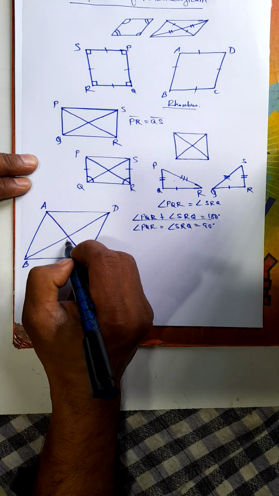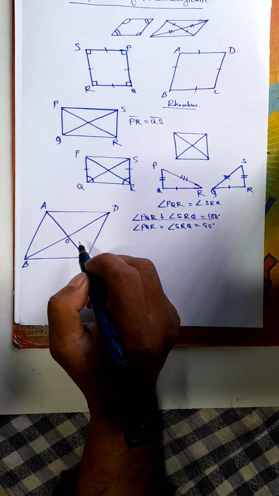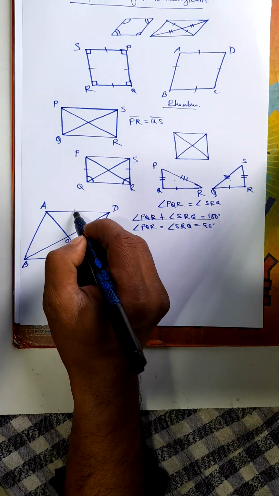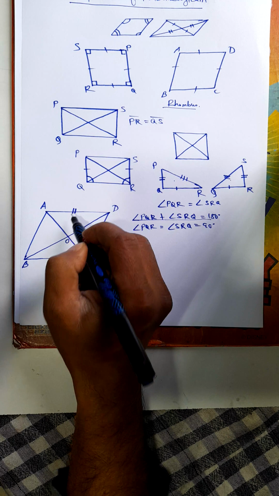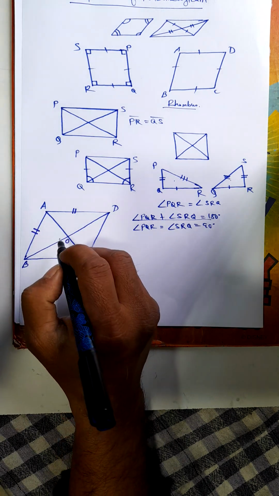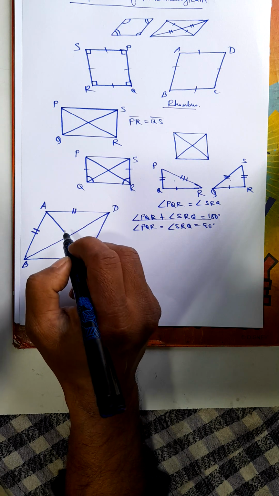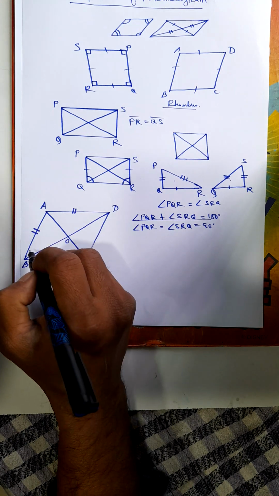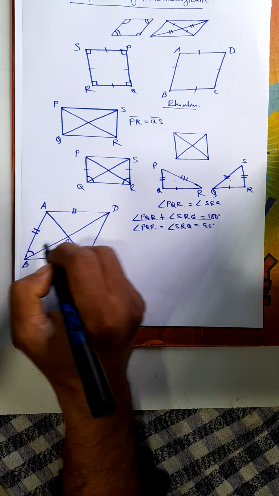Say this is O. Now in a rhombus, you know all sides are equal, so AD equals AB. Since they are equal, therefore these two angles are equal.